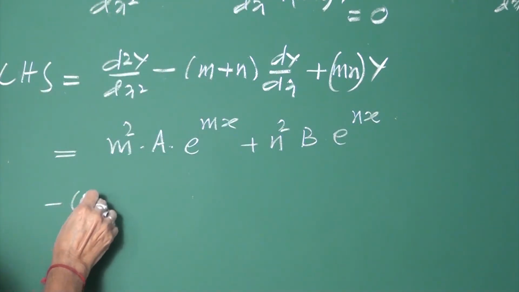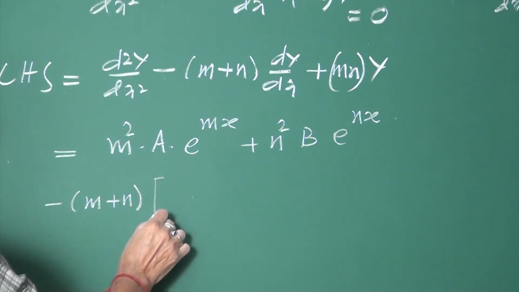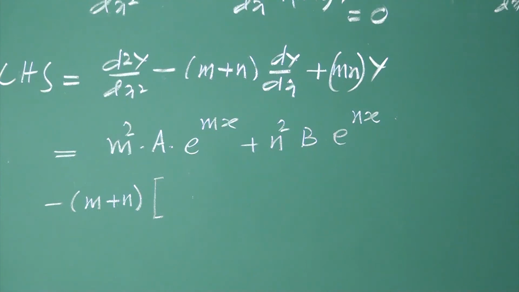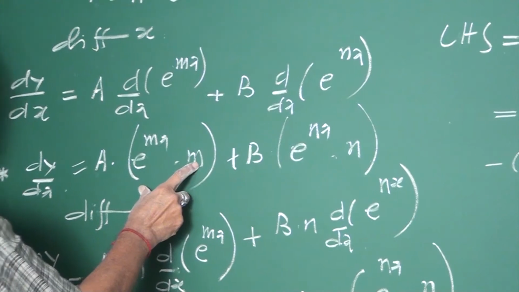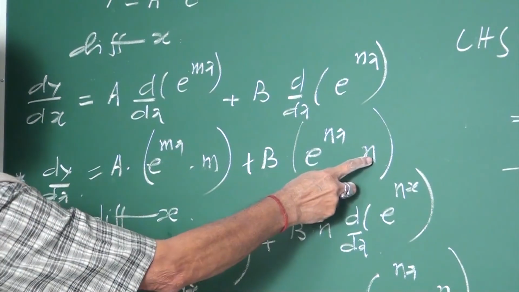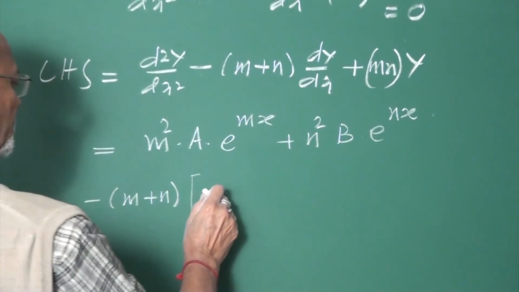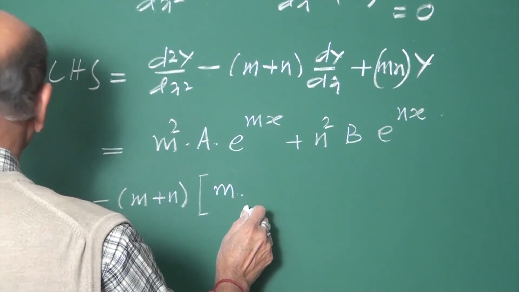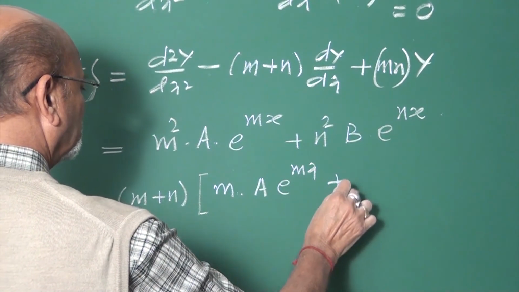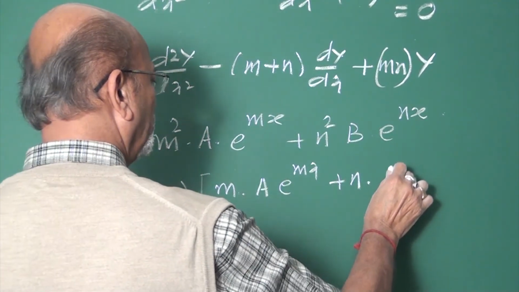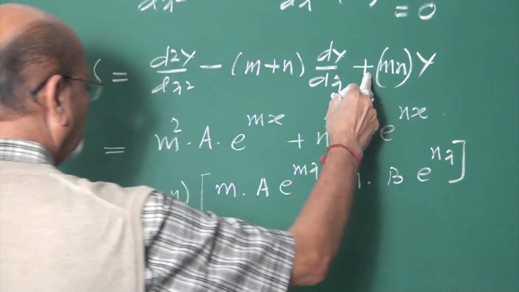Minus (m plus n) into dy by dx. I write here. What is dy by dx, my friend? It is a into m e to the power mx, plus n into b into e to the power nx. Right. This is m into a into e to the power mx plus n into b into e to the power nx, plus mn.